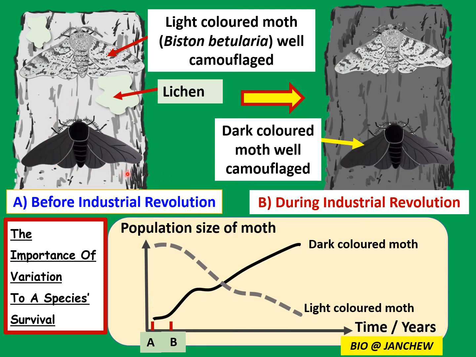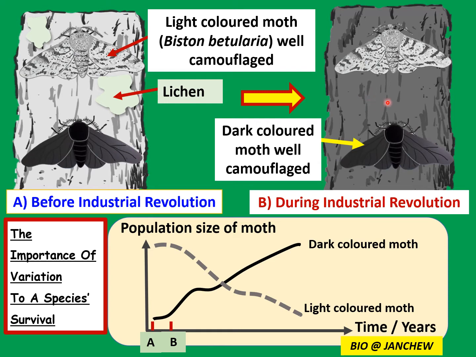Because of industrialization and the building of factories in England, air pollution increased and a lot of soot was produced. So the soot landed on the trees and killed the lichen. On top of that, it also made the trees a darker color. So now the situation was reversed.